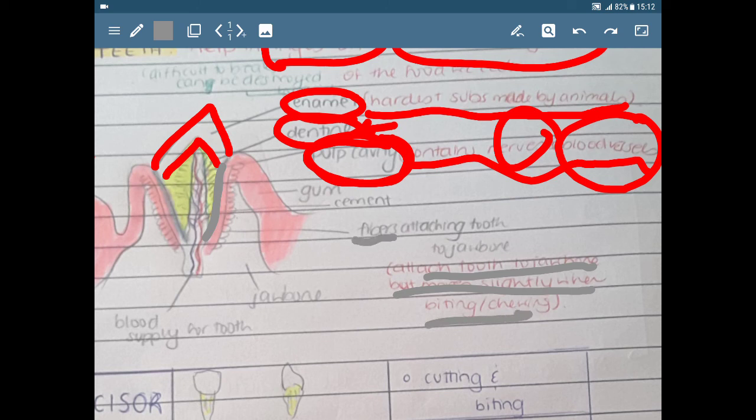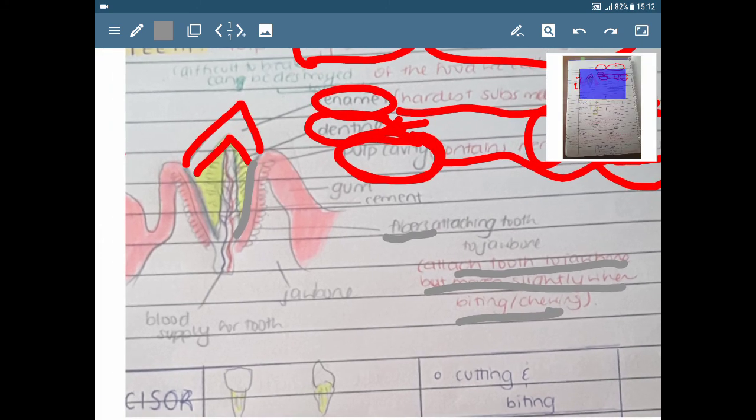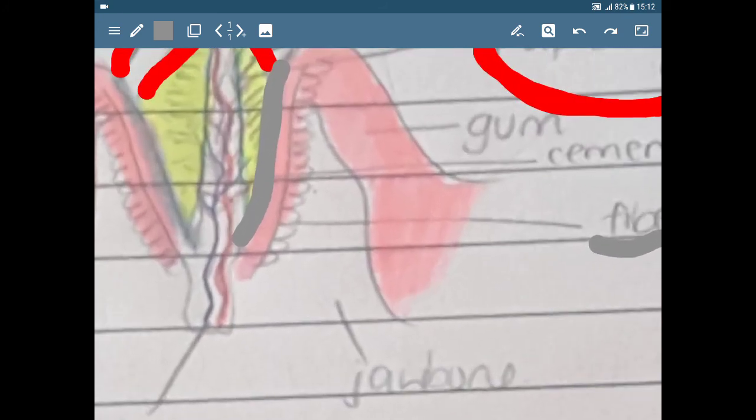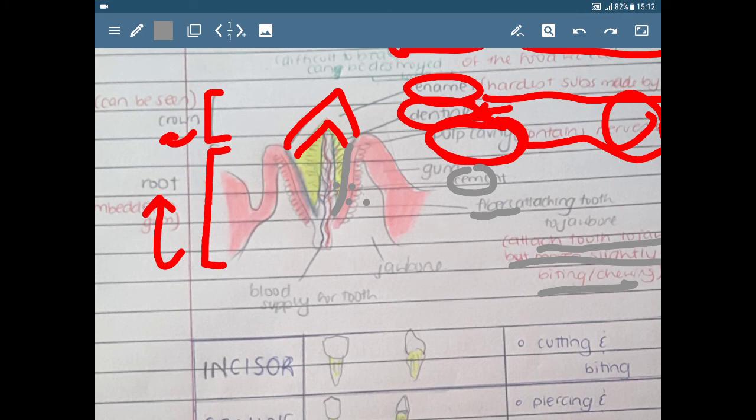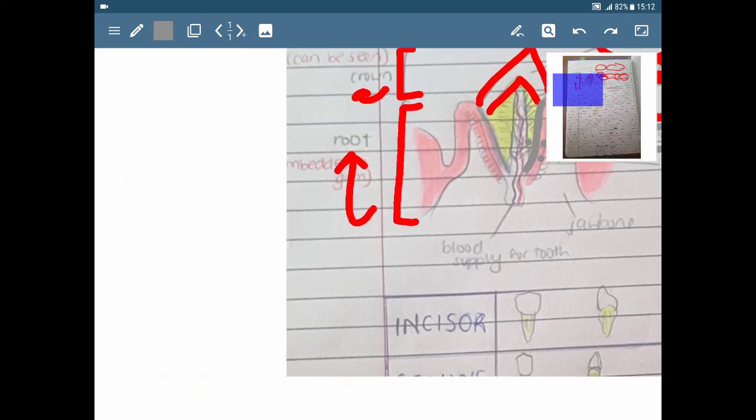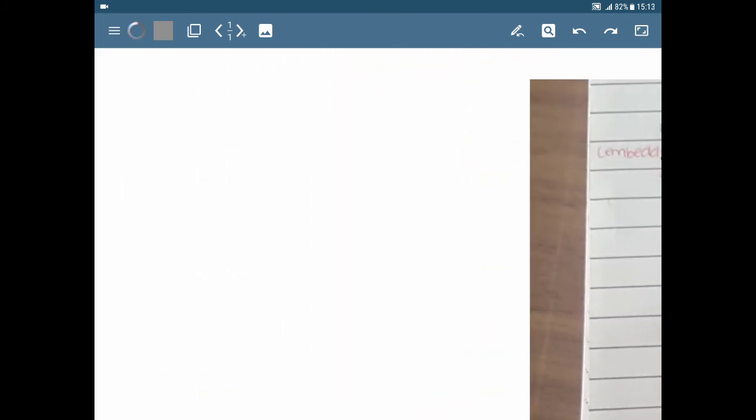These are fibers that help attach the gum to the jaw. No, the tooth to the gum is called cement, but the gum to the jawbone is called fibers. So you have to keep that in mind. You can get confused really easily, like I did.